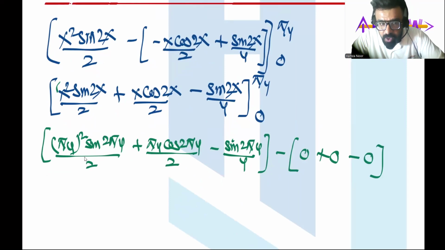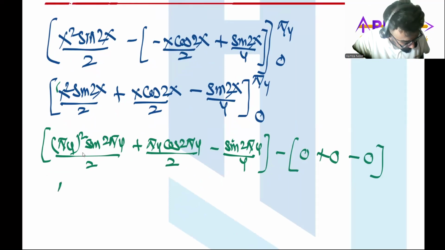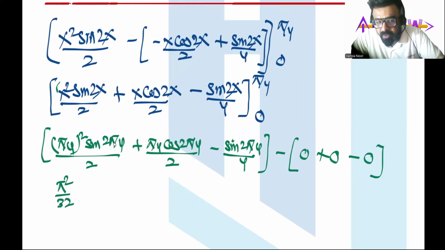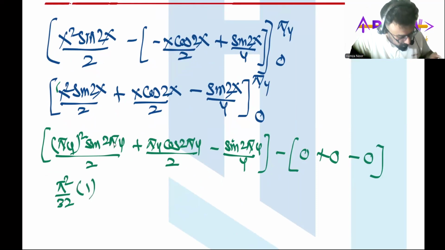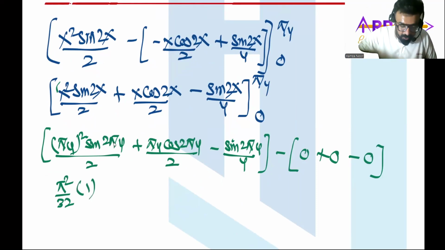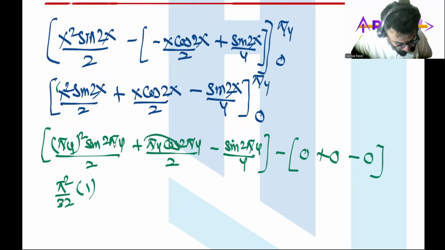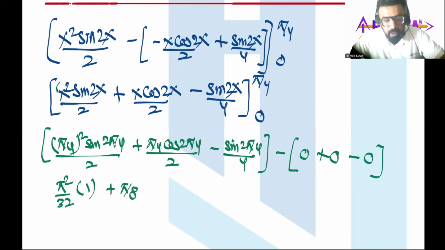Okay, so this essentially means that this pi over 4 squared is pi squared over 16 and then divided by 2. So pi squared over 32, and sine 2 pi over 4 means sine pi over 2, and value of sine pi over 2 is basically 1. So pi squared over 32 multiplied by 1. Then pi over 4 is divided by 2, so pi over 8. But cos 2 pi over 4 means cos pi over 2 when 2 pi over 4 is simplified.